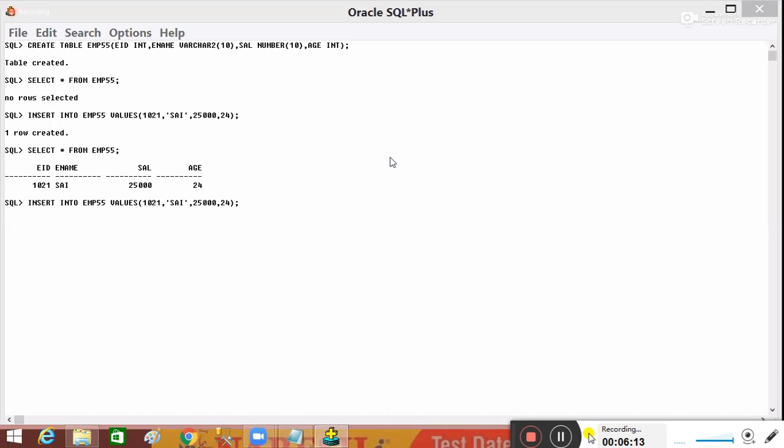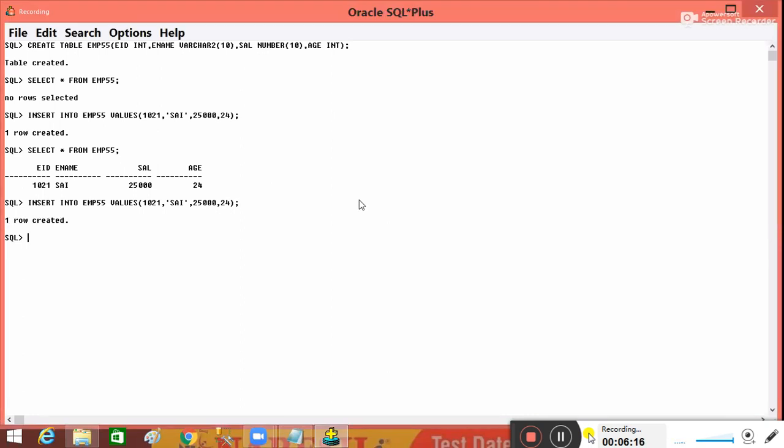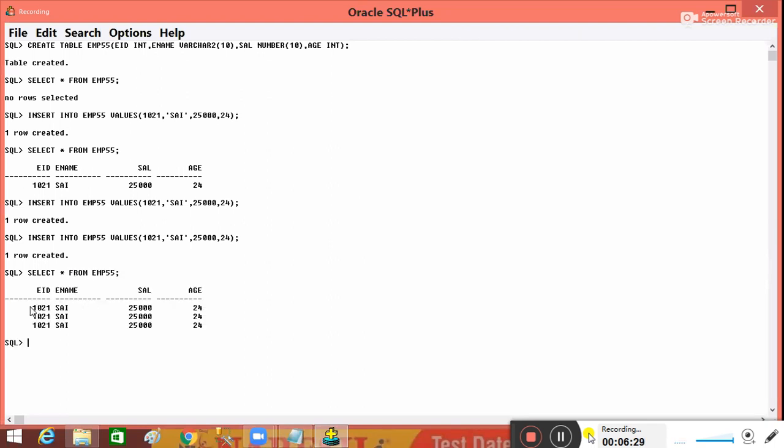I'm just entering it, it's accepted. Again I'm inserting the same data, again accepted. So whenever I call and see my table EMP55 and execute it here, the same data is repeated a number of times.